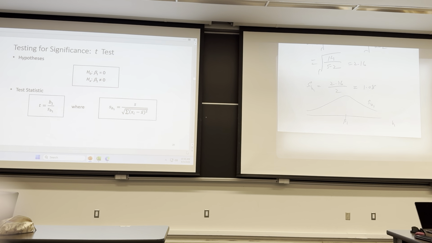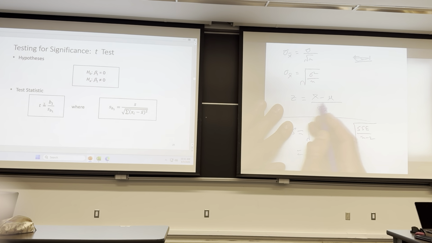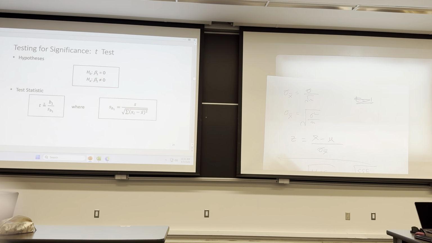Now, we are using the T statistic over here. It is b1 divided by S_B1. Why don't I have beta 1 there? Remember, like Z is equal to X bar minus mu over standard error, so why don't I put beta 1 over there?